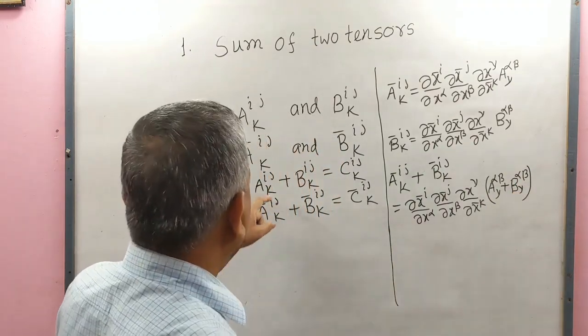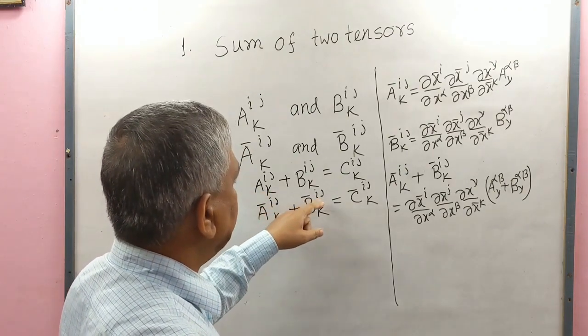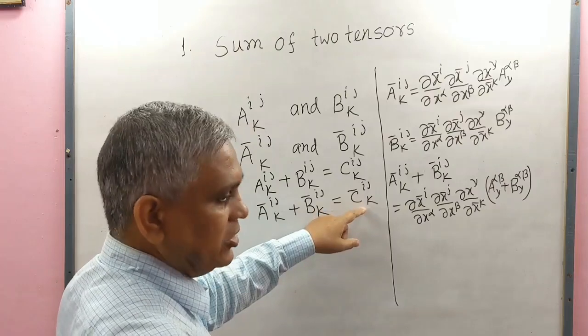Here we have written A bar ijk plus B bar ijk is C bar ijk.